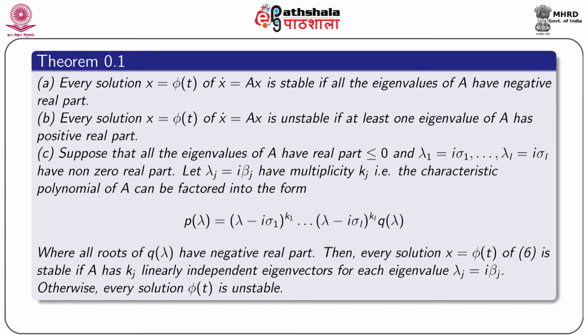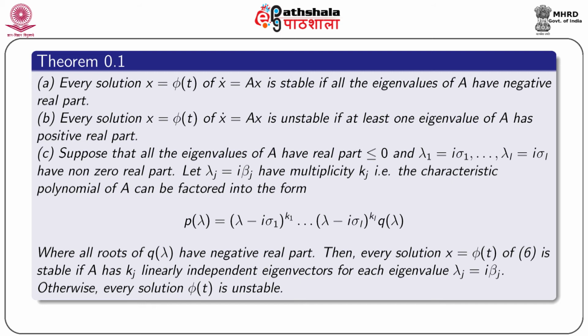And the third one: suppose that all the eigenvalues of A have real part less or equal to 0, and λ₁ equal to iσ₁, ..., λ_L equal to iσ_L have zero real part.